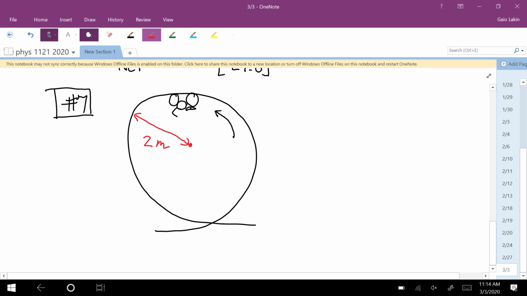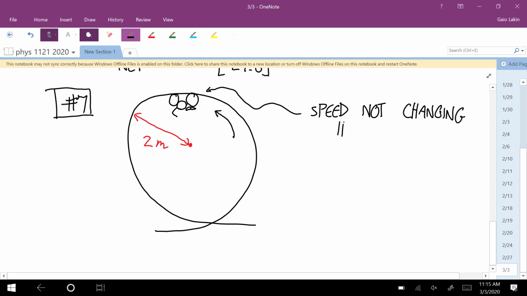The radius is 2 meters. At the top, the speed isn't changing. And the speed is 15 meters per second.